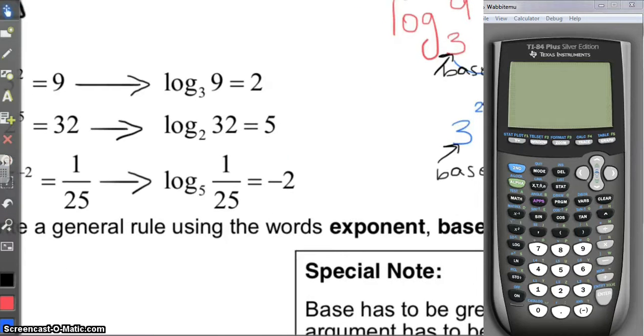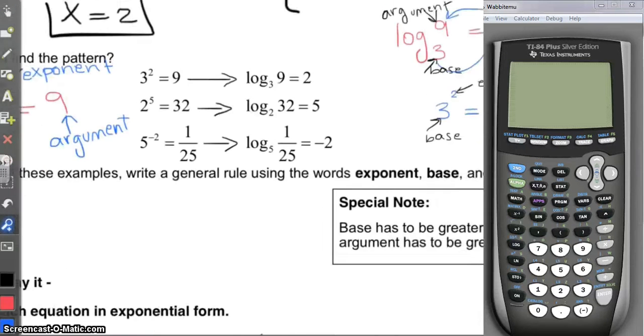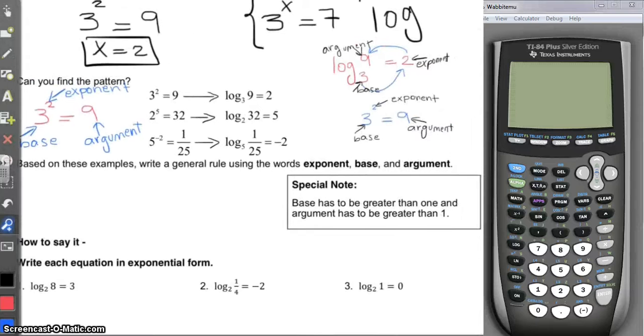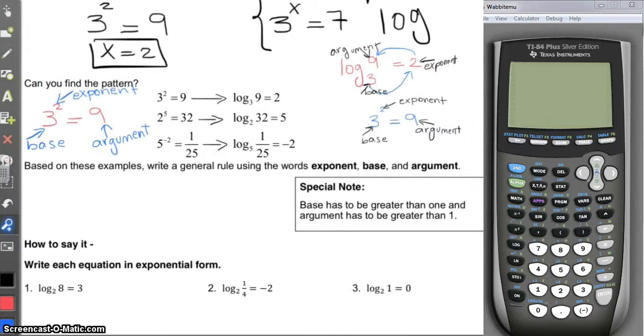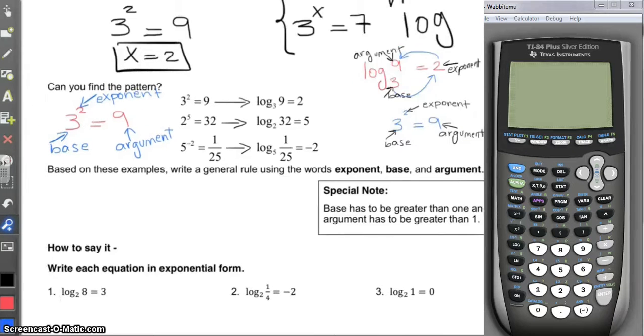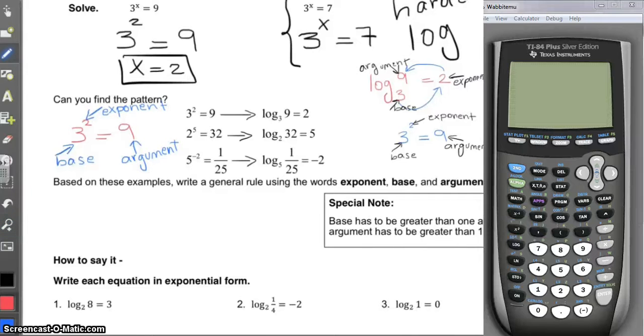So let's see how we can apply this. In the second problem, they're asking us, based on these examples, to write a general rule using the words exponent, base, and argument. So from here we're going to say that the base, if you raise it to an exponent, will give you an argument.